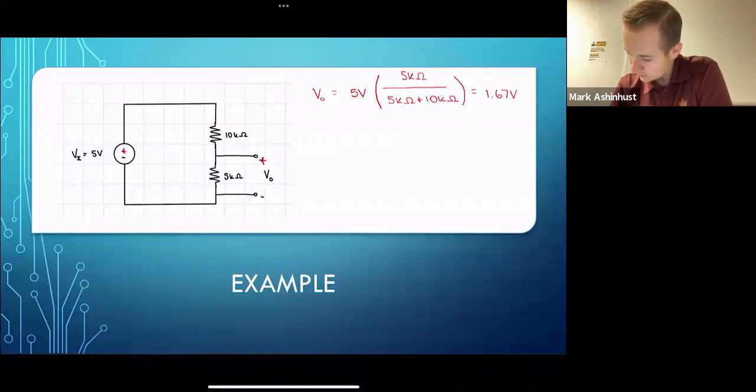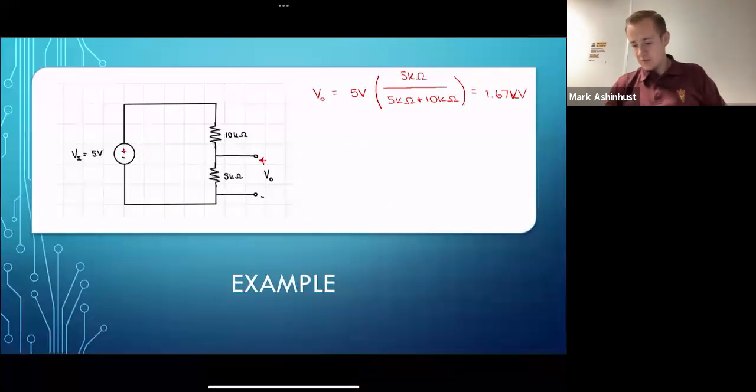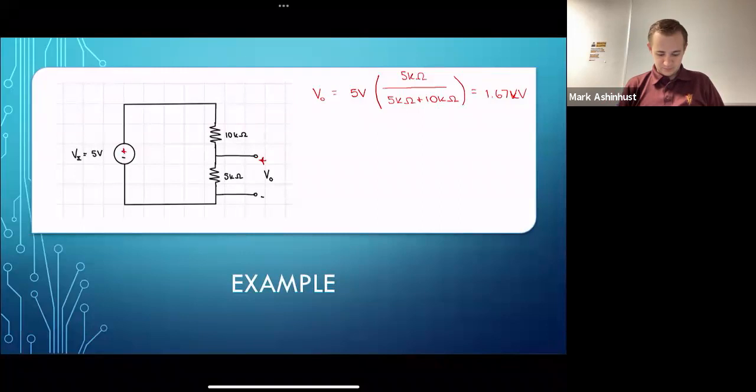No, it'll be kilo. There we are. I may be wrong. I don't have a calculator. Let me grab one here. Yep, 1.67 kilovolts.